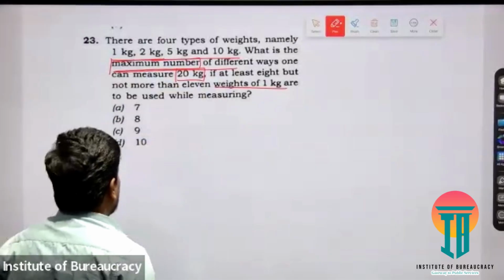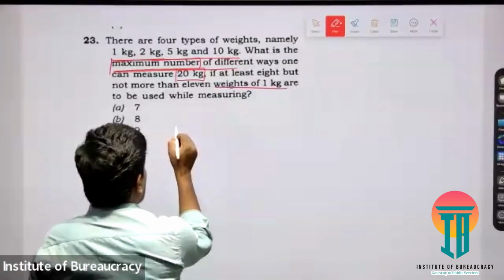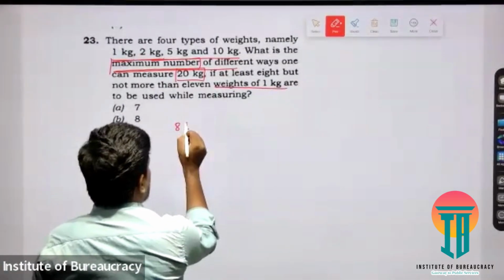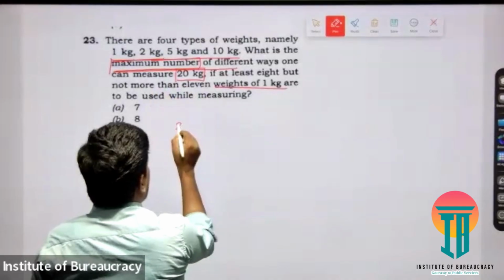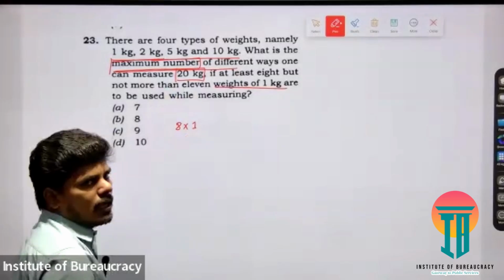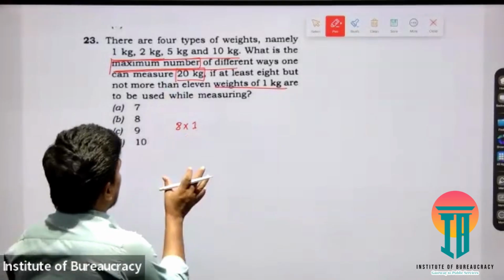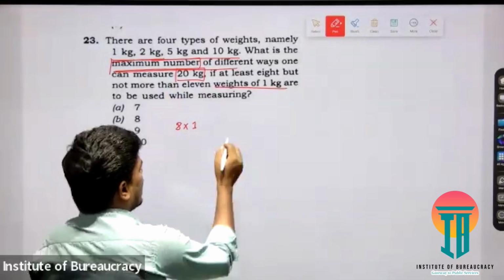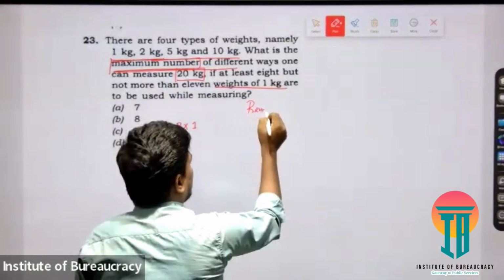So here it is very simple. First, if I use 1 kg 8 times, I would have measured 8 kg.